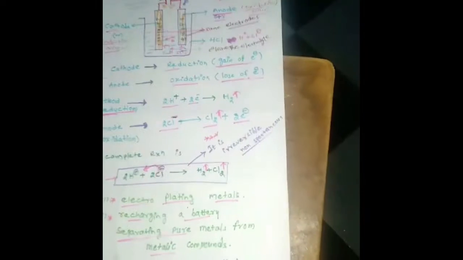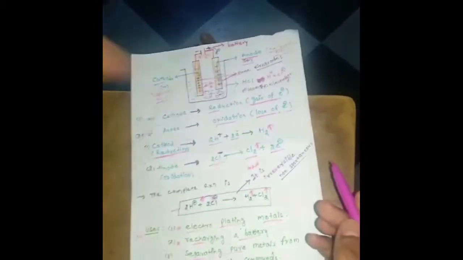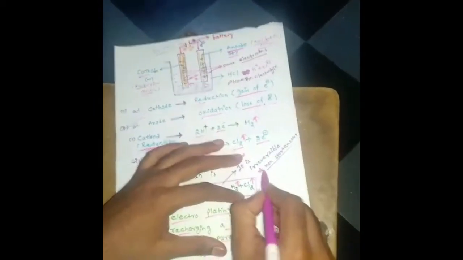The next question they ask: is the electrolytic cell a spontaneous or non-spontaneous reaction? Only after connecting the battery does the chemical reaction occur. The electrical energy is converted to chemical energy by the battery. That's why it is a non-spontaneous reaction.